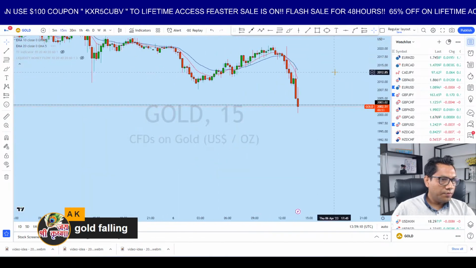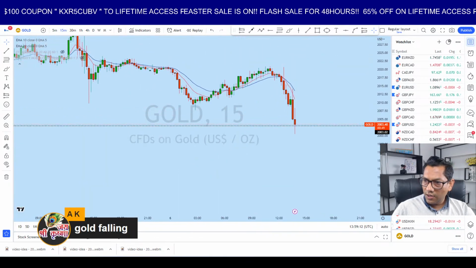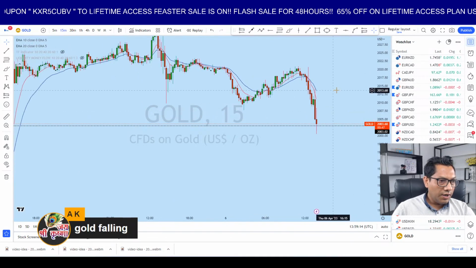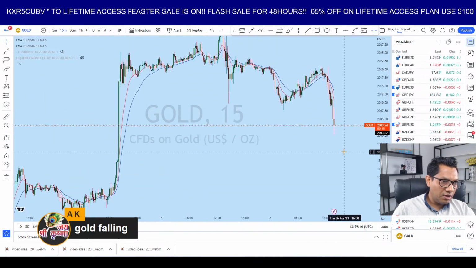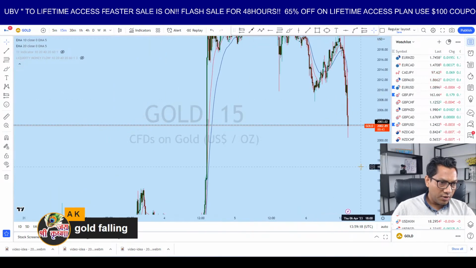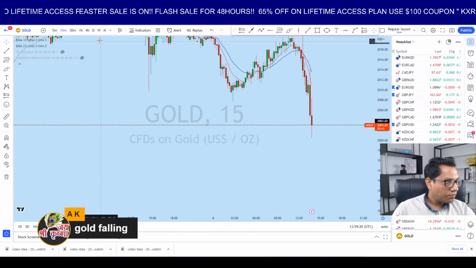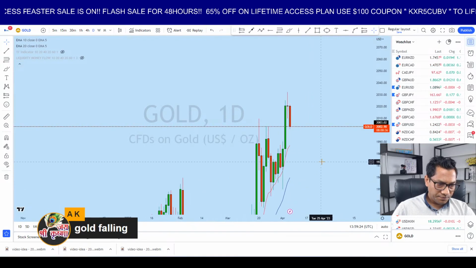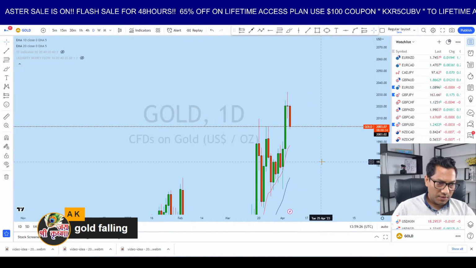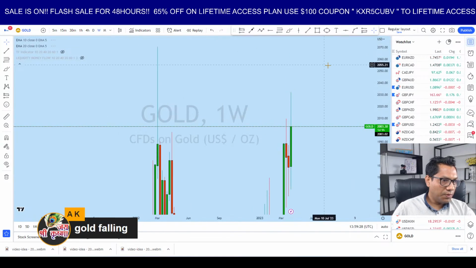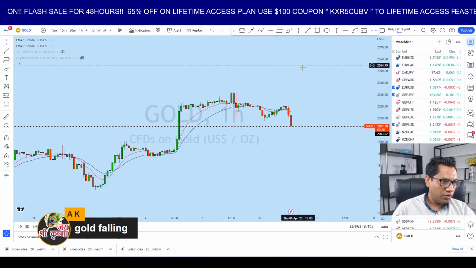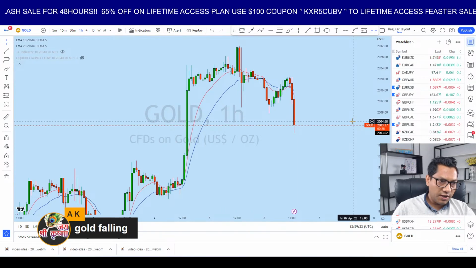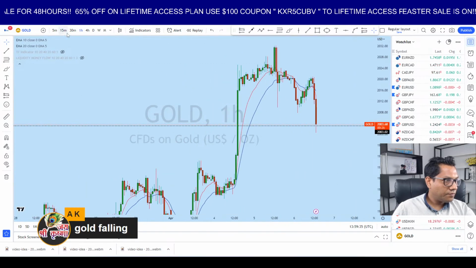As I mentioned, this is a long-term bull market. You'll see the drop, but you'll not know when it is going to reverse, because it's a long-term bullish market. So wait for your turn, and then we will jump on a trade.